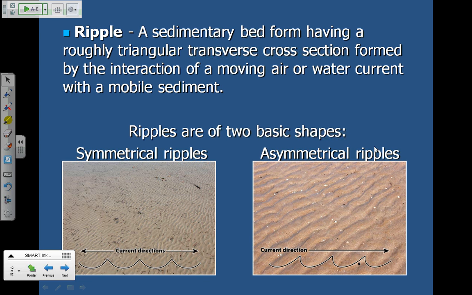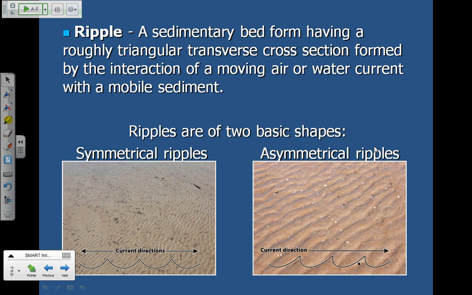If you see here, we have these symmetrical ripples. They're equal on both sides. Now, what does that tell us about current direction? Well, it tells us that we're going to have two directions. Now, you can't have water flowing two directions at the same time, right? So, where do you think we might be able to see water where we get one direction followed by another direction?